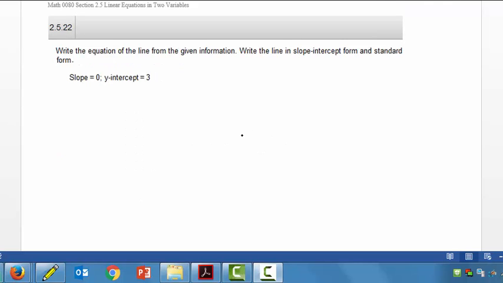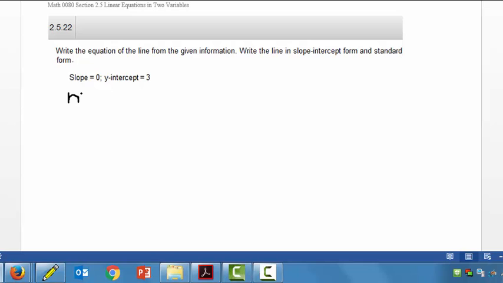All right, in number 22, we have the same task. We want to write the equation of the line that has slope 0 and y-intercept 3, and we want to write it in standard form as well as slope-intercept form.